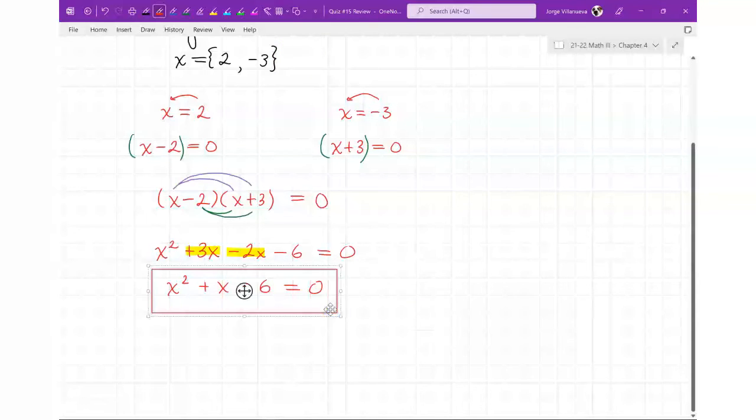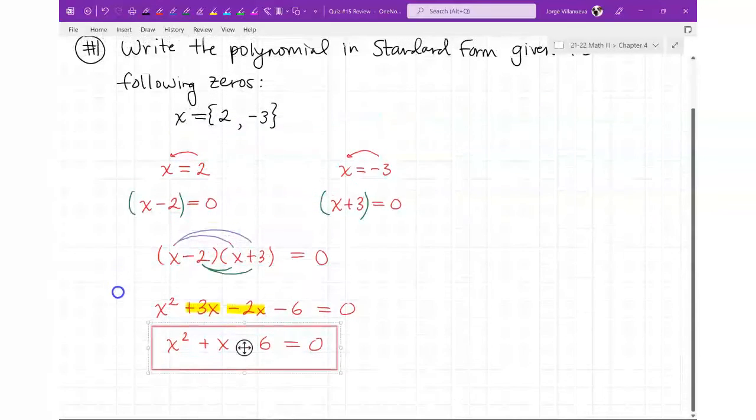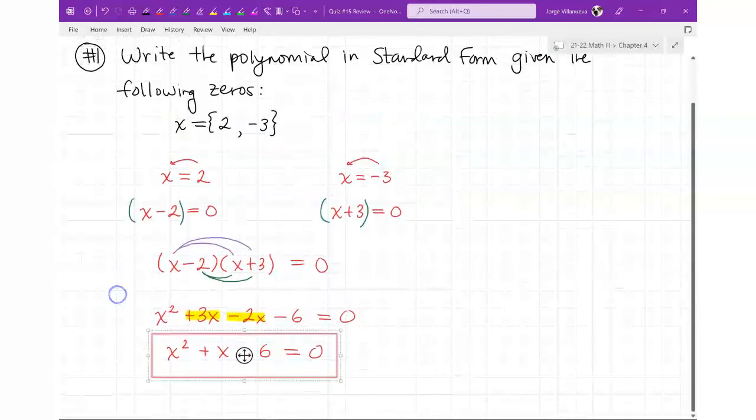Now I want you guys to notice, if you read this from the bottom up, it's like you actually solved a problem. You started with an equation equal to 0, you broke it apart, you factored it, you set them equal to 0, you solved each one individually, and your answers were x equals 2 and x equals negative 3, right?